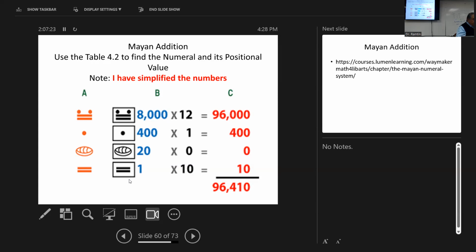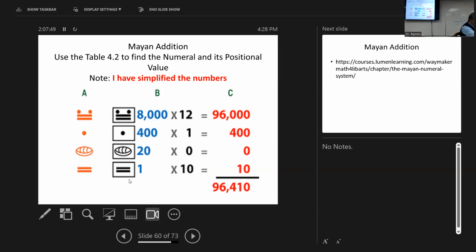First, let's find the value. Each bar is 5, so 5 plus 5, 10, plus 2 dots becomes 12. Okay, so that's the Hindu-Arabic numeral. The second one is 1 bar plus 2 dots, 7.